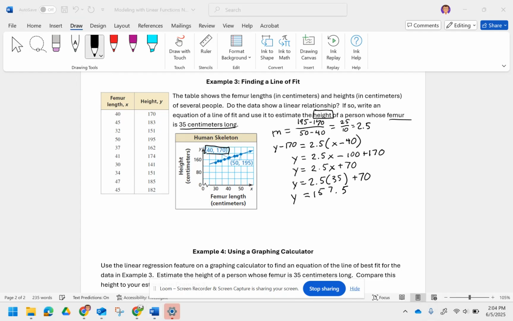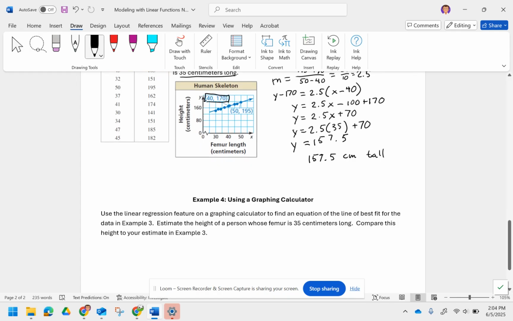So yes, it's exactly that. The height was in centimeters, so we would predict this person would be 175.5 centimeters tall. Once again, things like people's height compared to something like their femur, yes, these are strongly related, but there's still going to be variability. But still, if we know the femur length, we are likely to know how tall they would have grown.